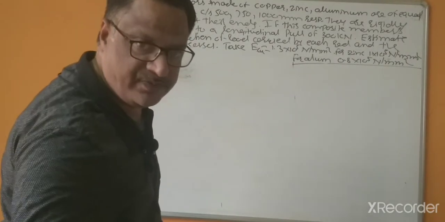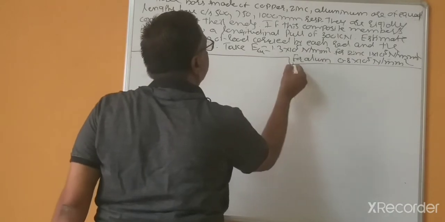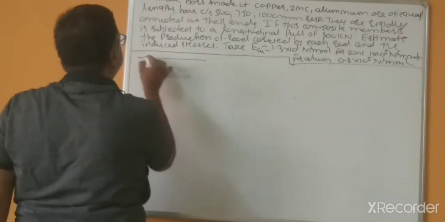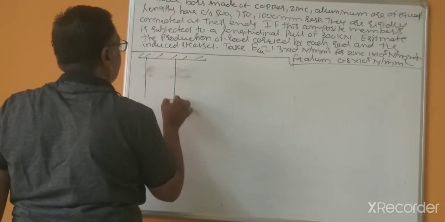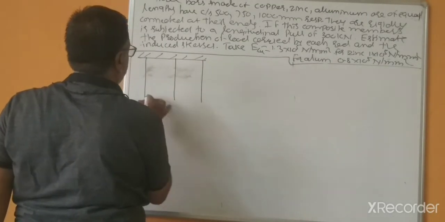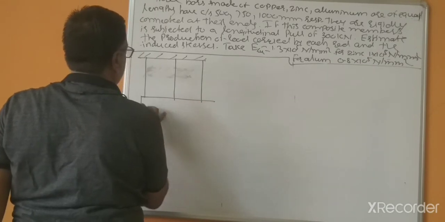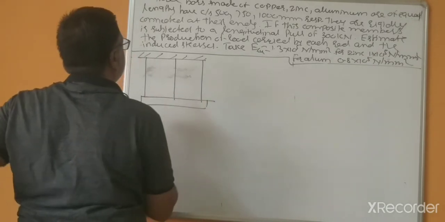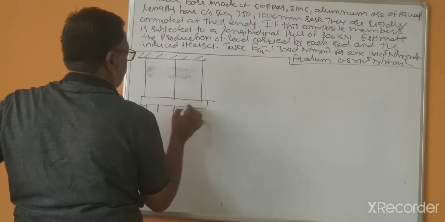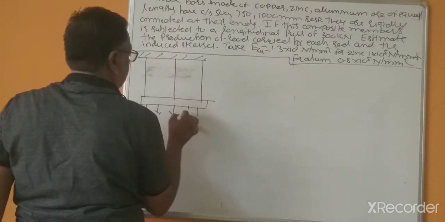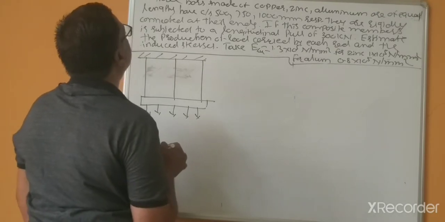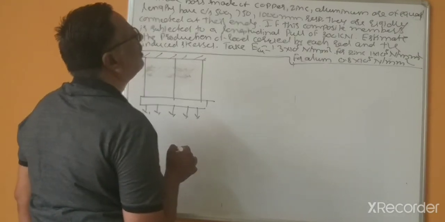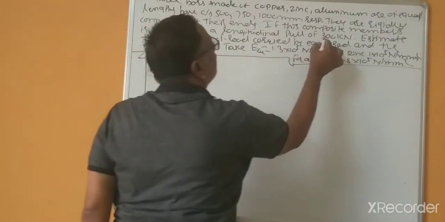In this problem, three different wires, and the distance is also equally spaced, and this is the load, 300 kilonewtons.